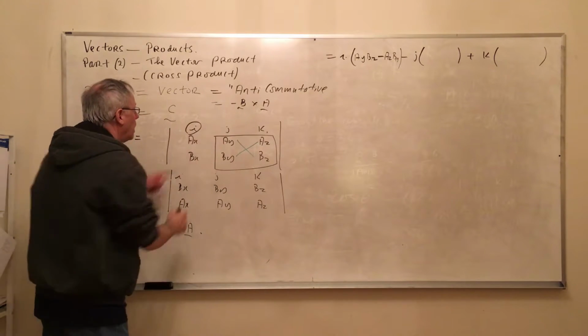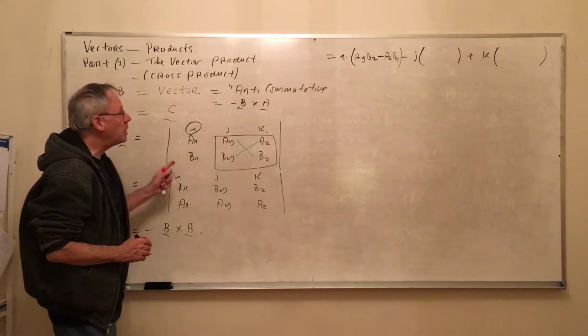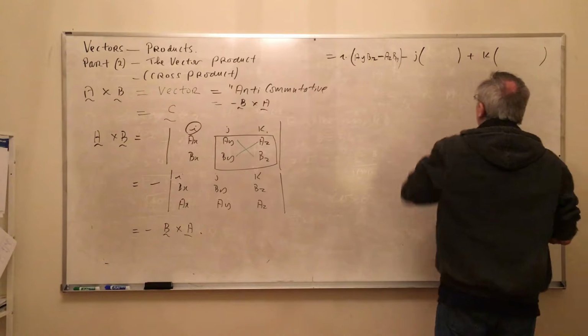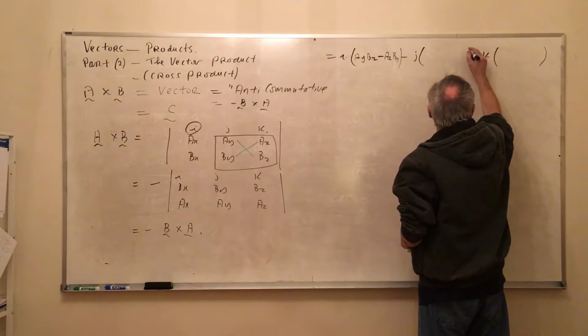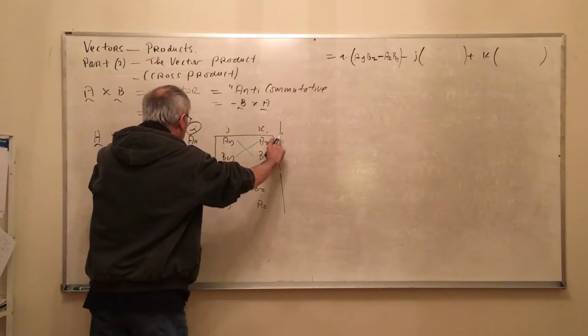Now we go on to the J. Change the sign. Every time you swap a row up or down in a determinant, you change the sign. So we go negative J and then plus K. These are the 2 terms involved.